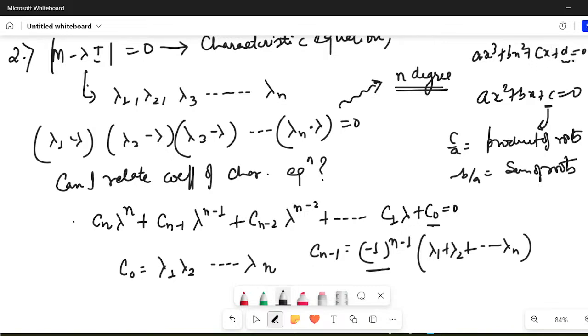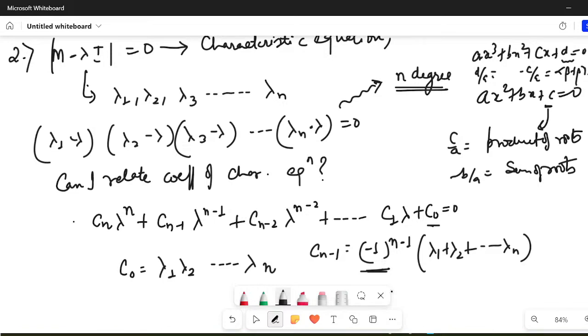Then d upon a will give you the product of roots, minus c upon a gives alpha beta plus beta gamma plus gamma alpha, and here it is minus b upon a, not b upon a. So you have to use this minus 1 raised to the power n minus 1.